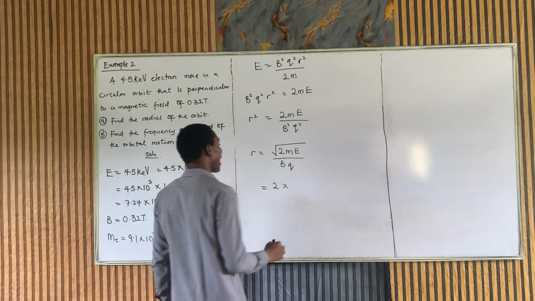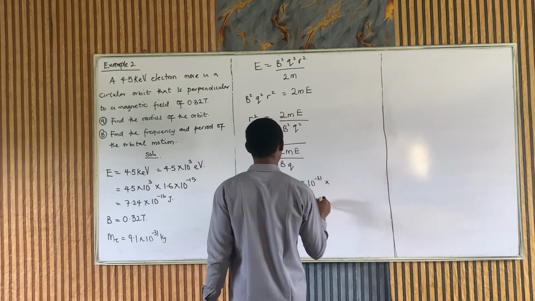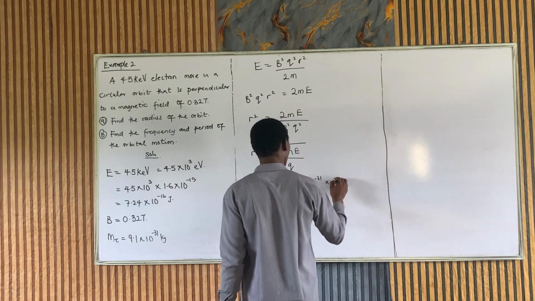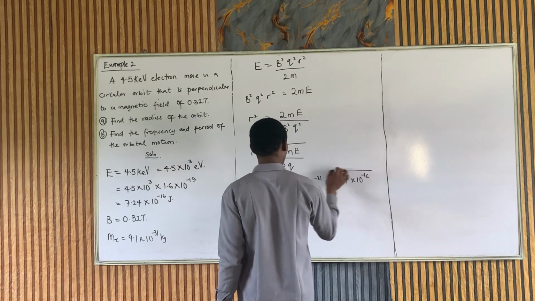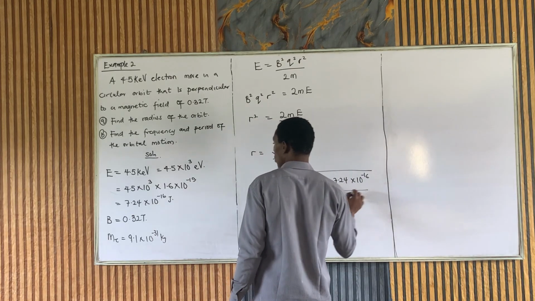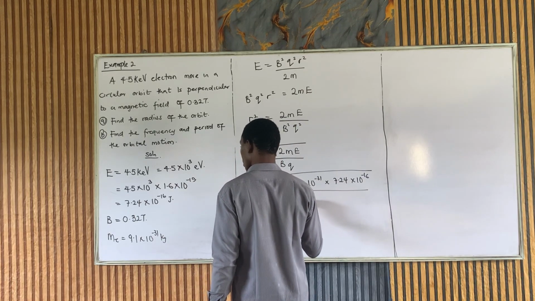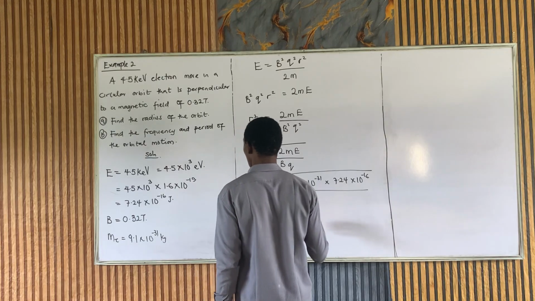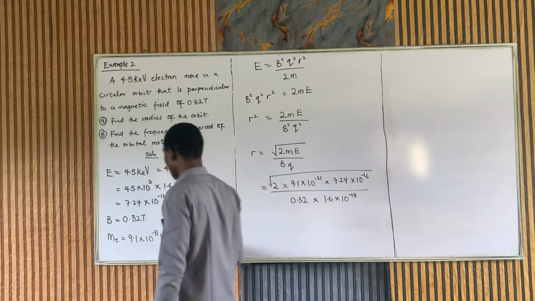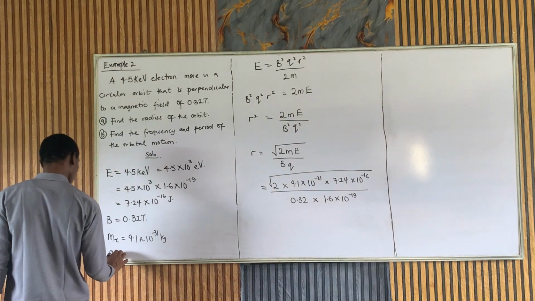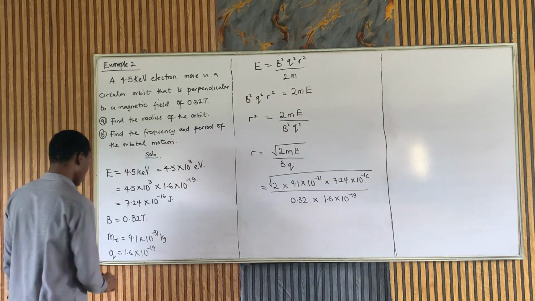So that will be the square root of 2 times 9.1 times 10 raised to the power minus 31 times the energy, 7.24 times 10 raised to the power minus 16, over B times Q. B is 0.32 times the Q. The Q here is 1.6 times 10 raised to the power minus 19, that's the value of the charge on an electron.